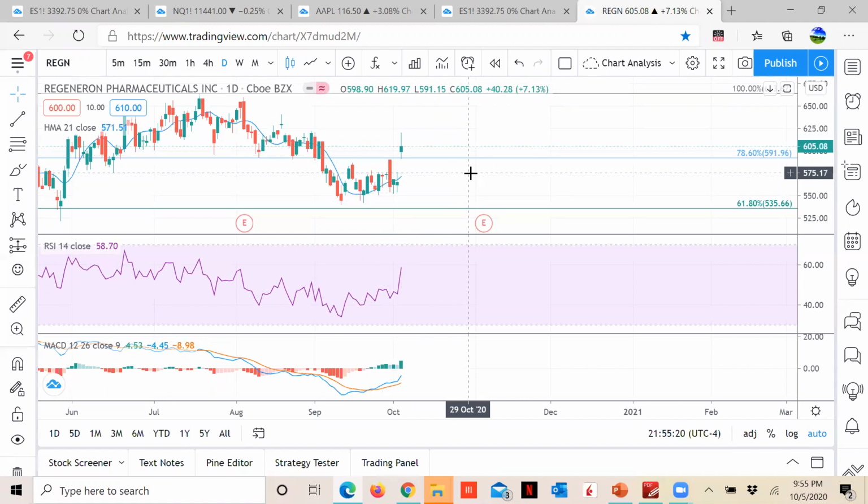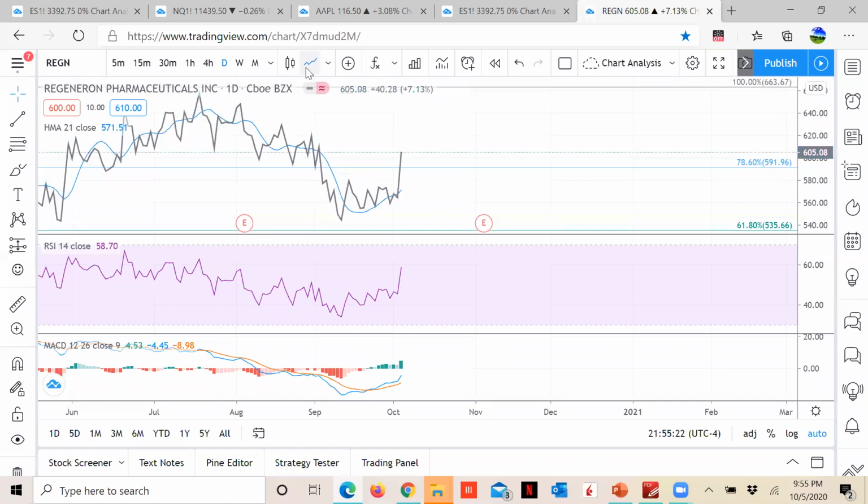But we have other indicators like moving average, the price is bullish, RSI is going up, MACD is up.